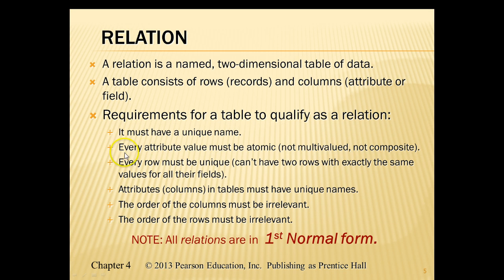You can read through these in your text, but one very important note is that a relation must be in first normal form, and we'll get into first normal form here in just a sec. If it's not in first normal form, it cannot be considered a relation.